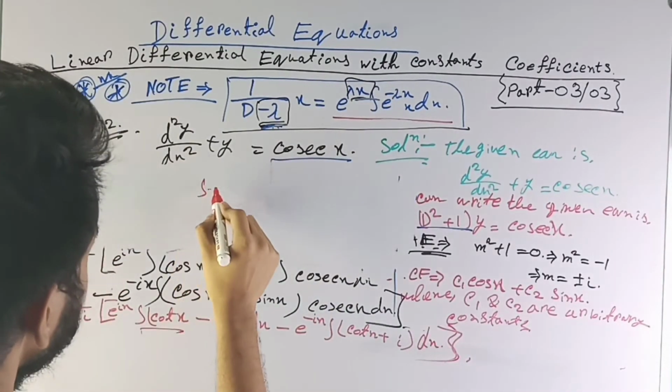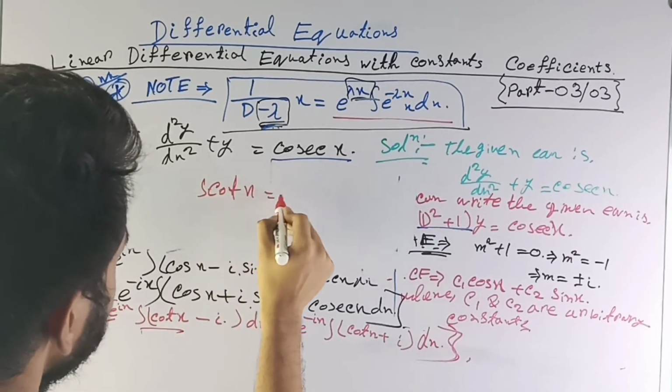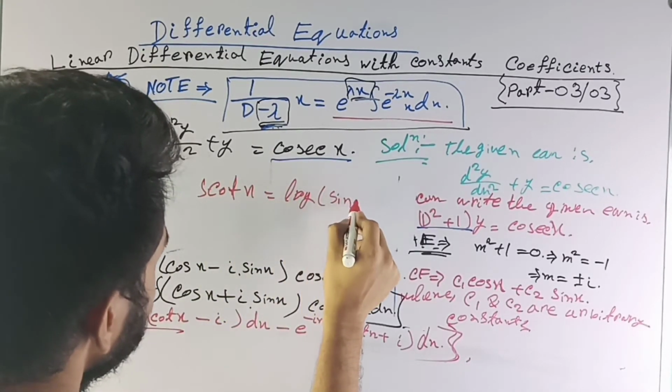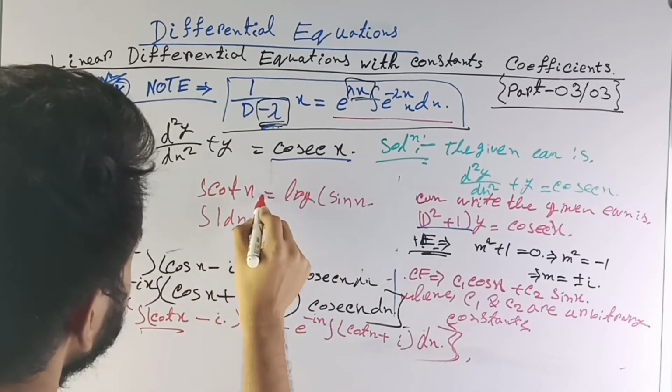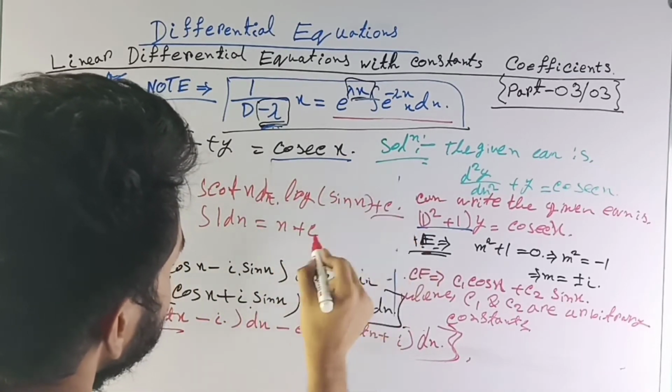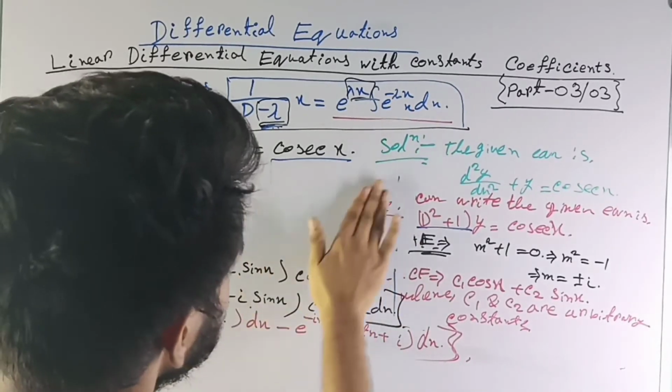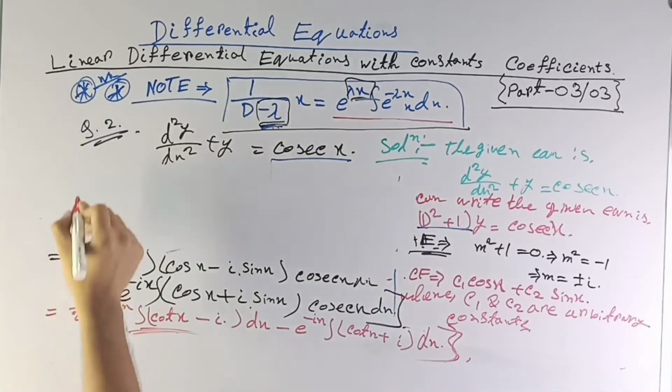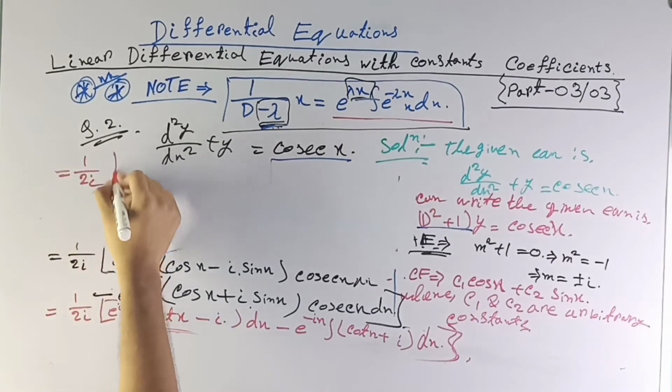Now the integration of cot x means what? Now watching this, it is log sin x, that's it. And the integration of 1 dx means x plus c also. You can write the c, please. You can write the c, or the answer would be wrong. Okay.